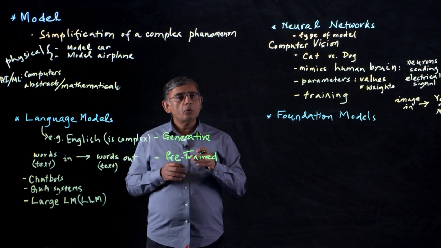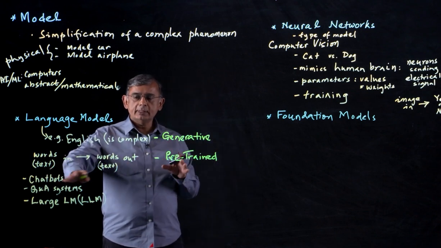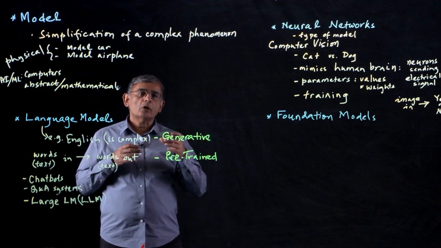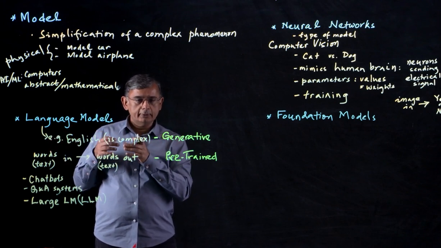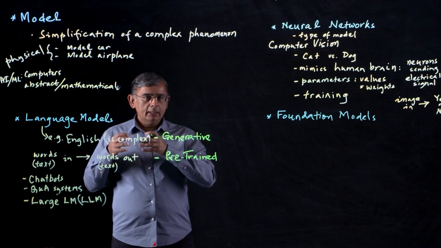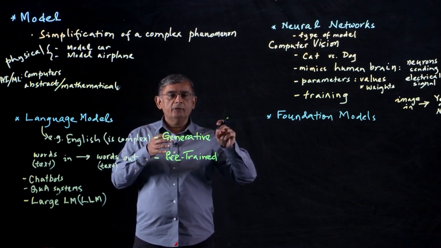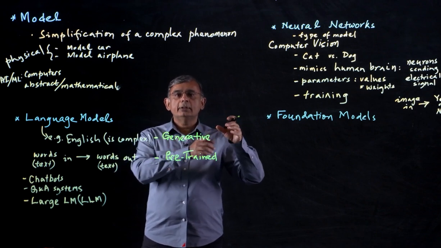And how does it know to put out the next word? From the training or pre-training phase, it has collected the set of probabilities of a word coming after a set of prior words. So for example, in the English language, the words "the quick brown" are most often followed by the word "fox."